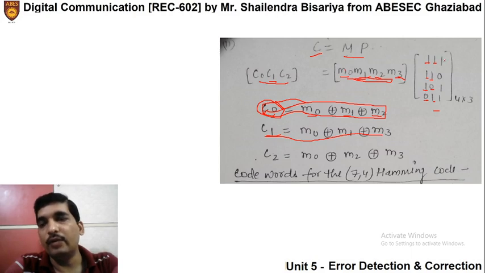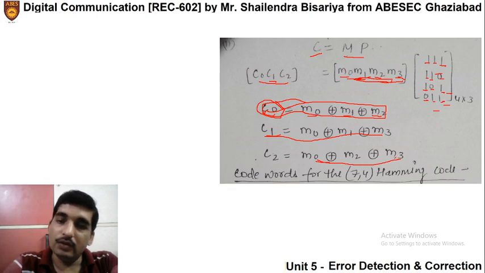Similarly, when we multiply with the third column, M0, M1 is 0, then M2 and M3. So we say that C2 is M0 XOR M2 XOR M3, right? So this is the general expression.